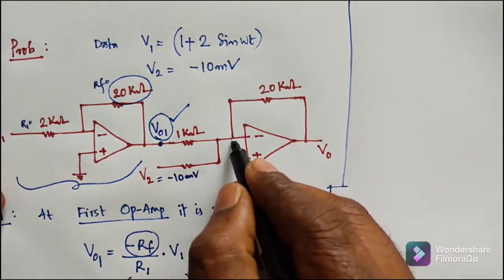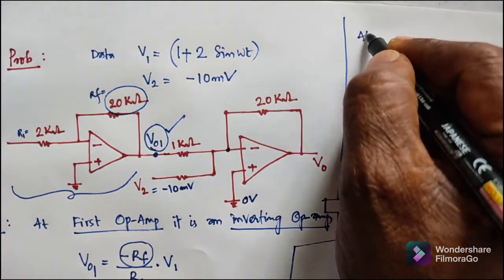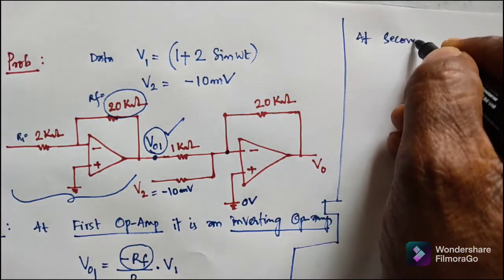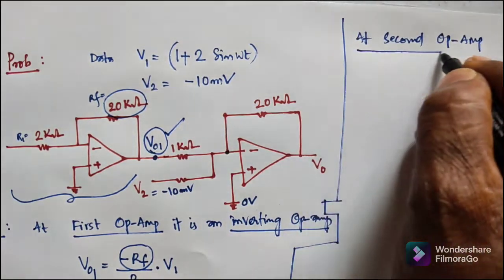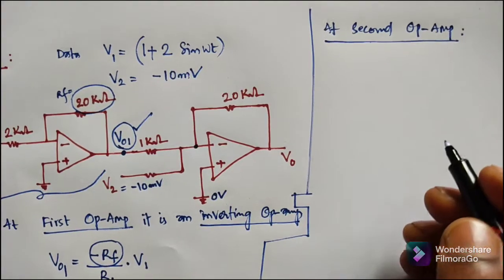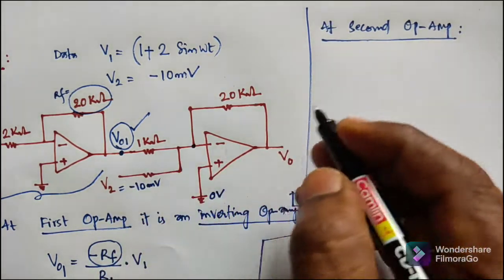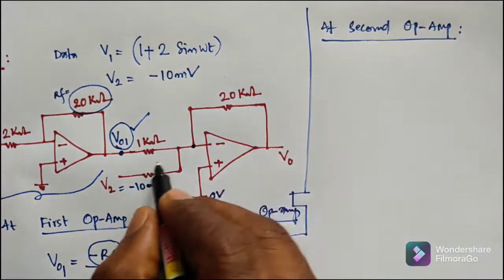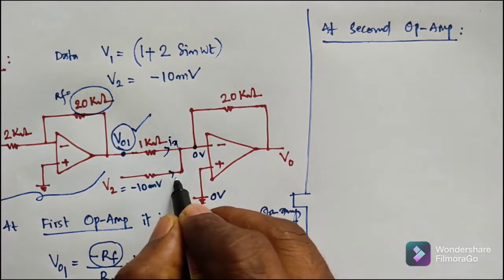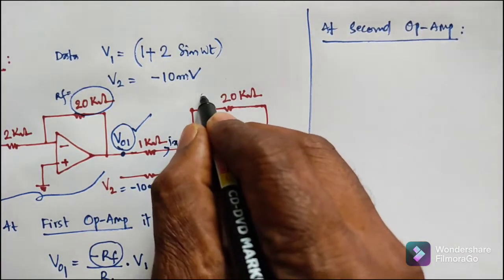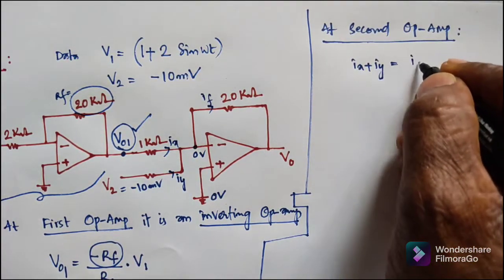At the second op amp, it is also an inverting amplifier. This voltage is 0, and this voltage is also 0. Simply take the currents as Ix, Iy and If. So Ix plus Iy is equal to If.